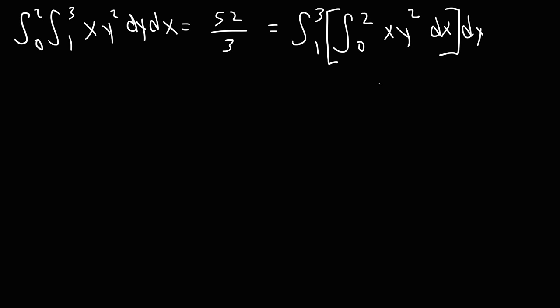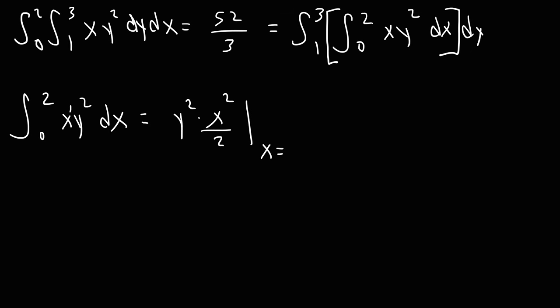So let's start with the integral on the inside. So we're integrating with respect to x. So y squared is going to be the constant here. So this is going to be y squared times the antiderivative of x to the first power, which is x squared over 2.